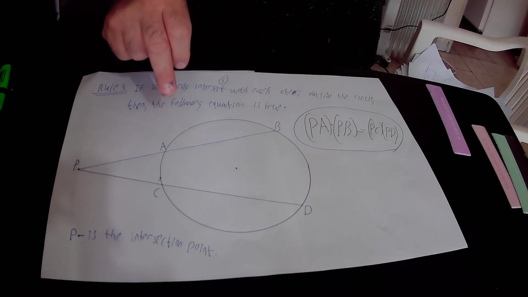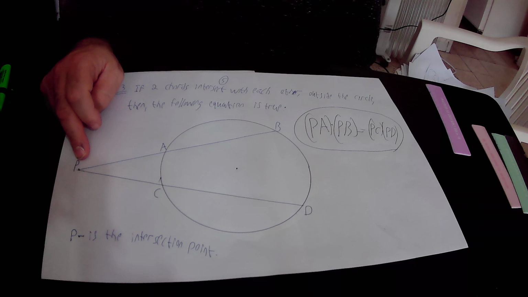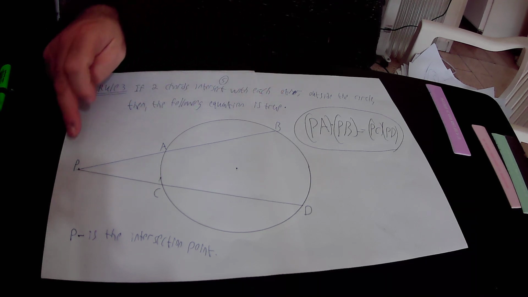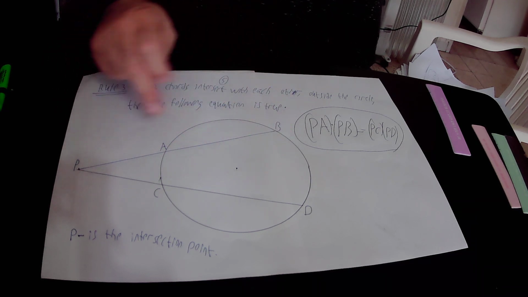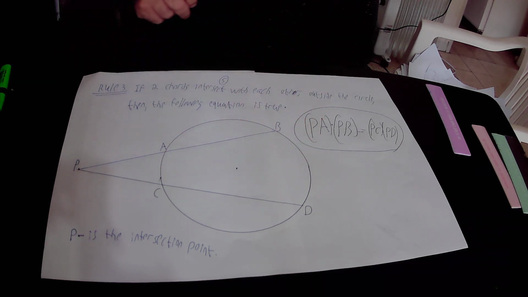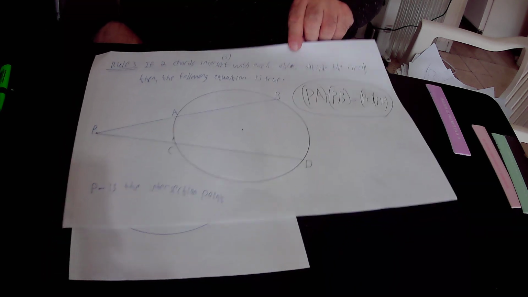Those two chords intersect with each other at point P. Point P is the intersection point of chord AB with chord CD, that is outside the circle, of course. Therefore, according to rule number 3, PA times PB equals PC times PD. Okay, so we can implement rule number 3 in our drawing.